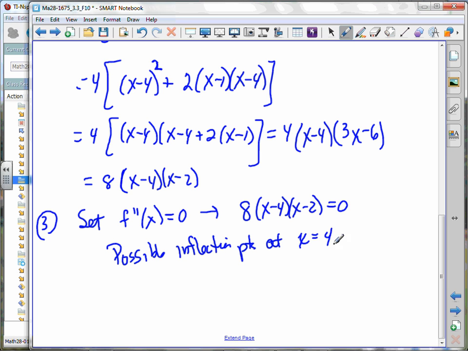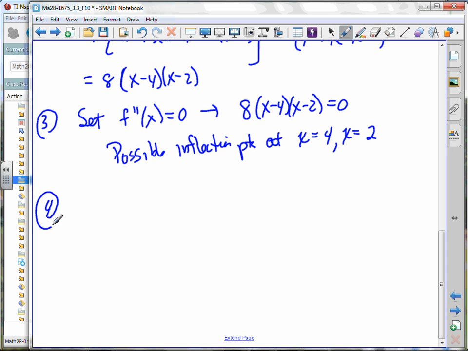Possible at x equals 4 and at x equals 2. Now, how do we know for sure that those, in fact, are going to be points of inflection? They're points of inflection only if what happens? What switches? Concavities.